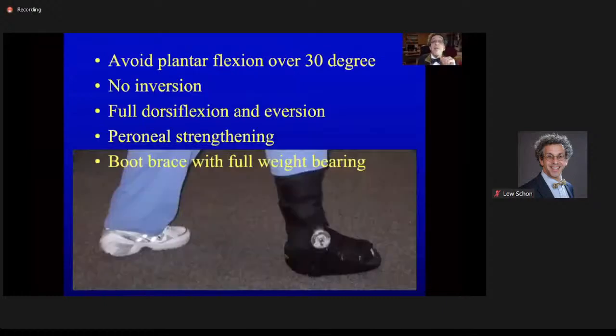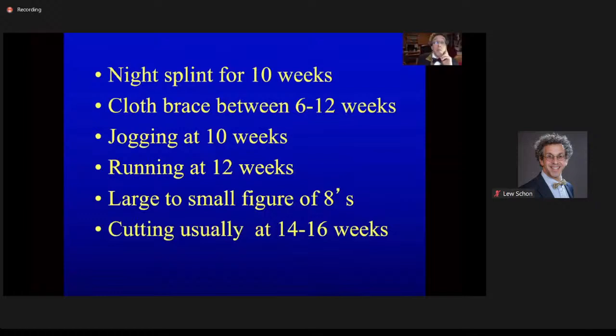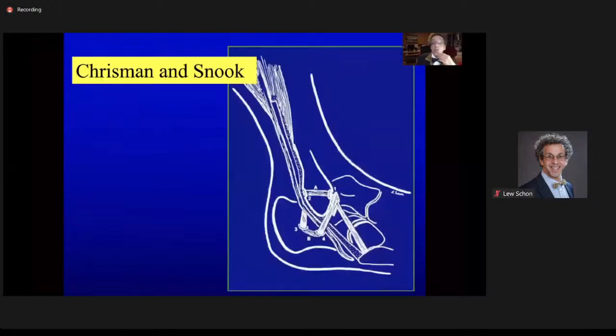They could do full dorsiflexion and eversion, peroneal strengthening, boot braces. They wear a night splint in my practice for 10 weeks, and then they can increase their activities as tolerated based on how they're progressing.